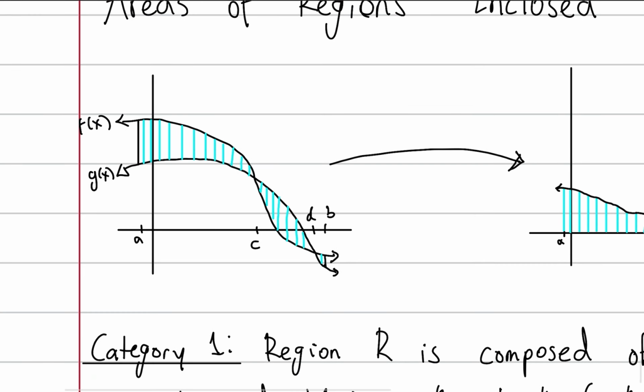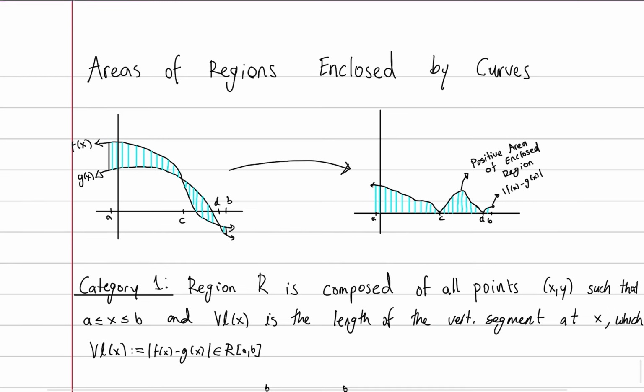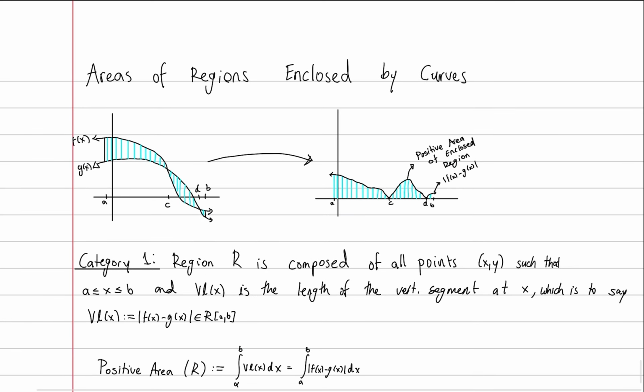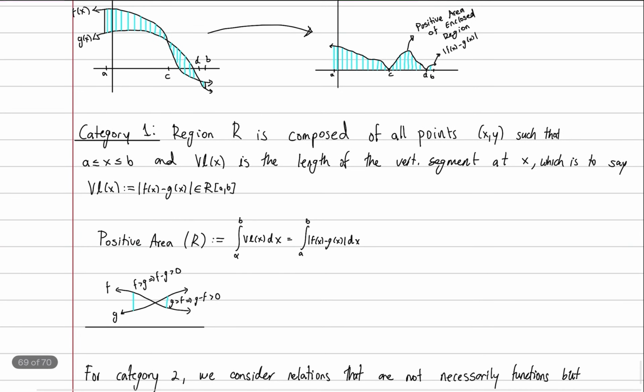But ultimately, what we're doing is taking this difference, this vertical length, and when we integrate it, it would be the same thing as trying to find the area of these infinitely many rectangles contained within our region. All right. But we can definitely integrate this. This we know how to do, a standard integral. So that's how we're going to compute this area, by transforming it into this.